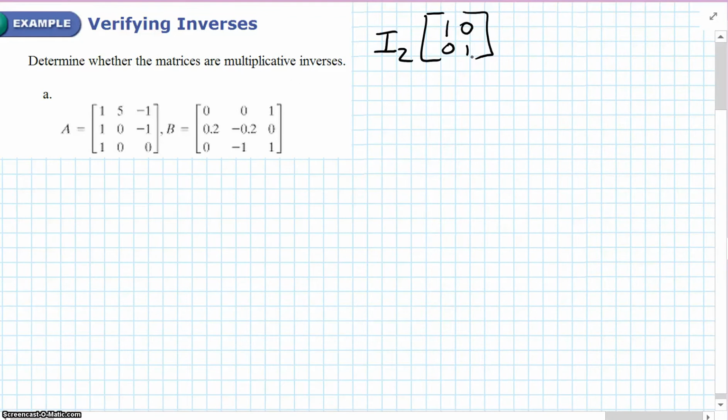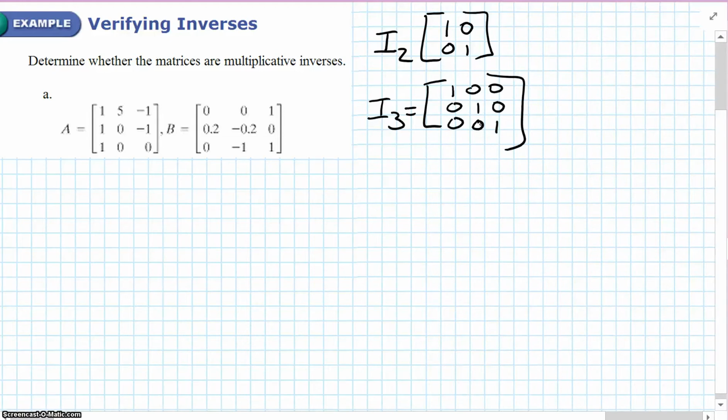And we know if the product of two 2 by 2 matrices equals that, they're inverses of each other. For 3 by 3 matrices, the identity is 1, 0, 0, 0, 1, 0, 0, 0, 1. Or the easy way to think about it is the diagonal is 1 and everything else is 0. If the product of two matrices equals that, they're inverses of each other.